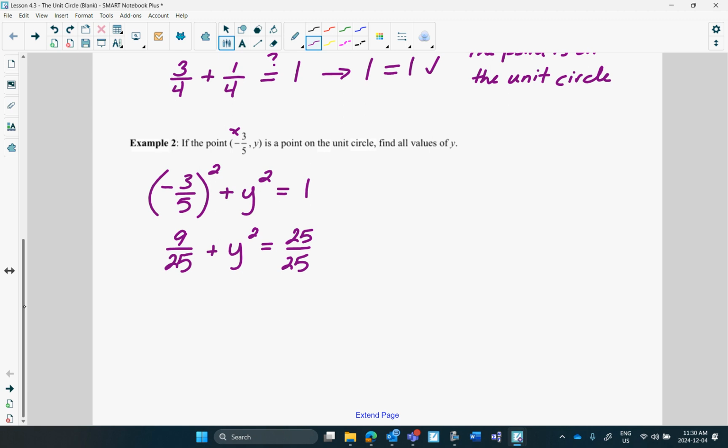Now to get y squared by itself, I subtract both sides by 9 over 25. And I get y squared is equal to 16 over 25.